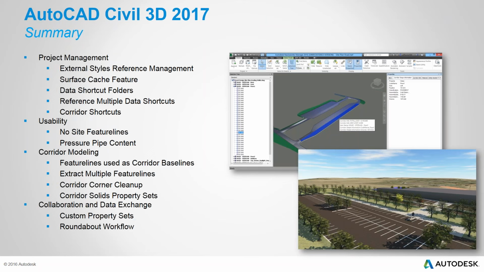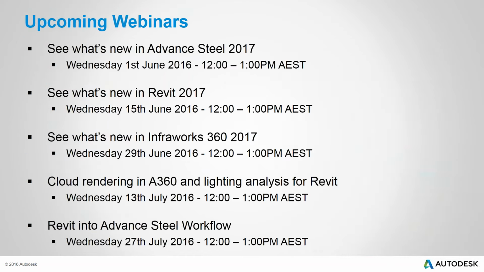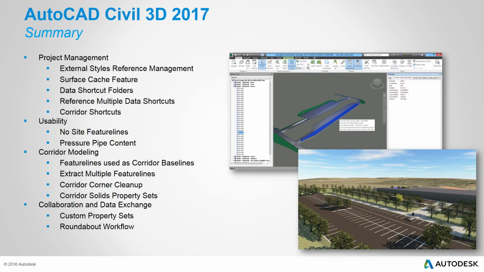Just in summary, we've seen some really great improvements in not only AutoCAD Civil 3D 2017 feature functionality, but in many new expanded utilities that extend the value of data beyond design and production drafting. AutoCAD Civil 3D 2017 is better connected to concept design using Autodesk InfraWorks 360 and construction management using AutoCAD Navisworks Manage.